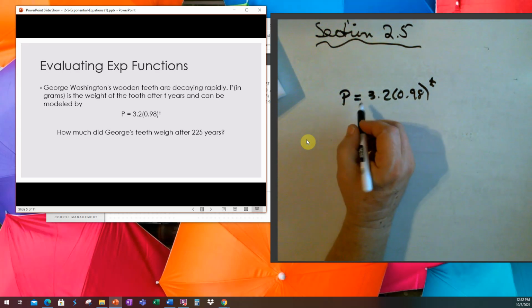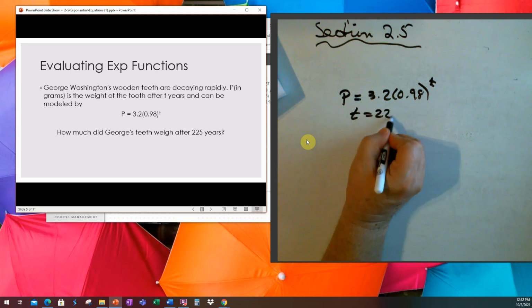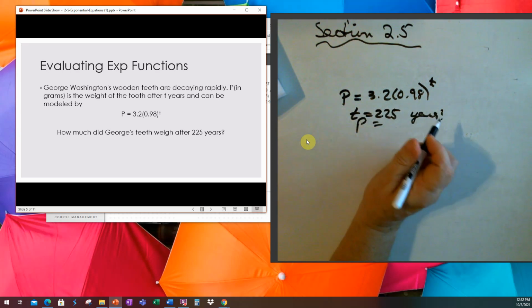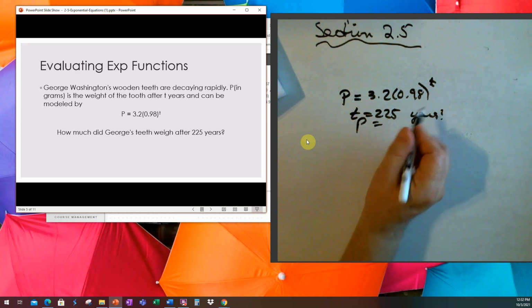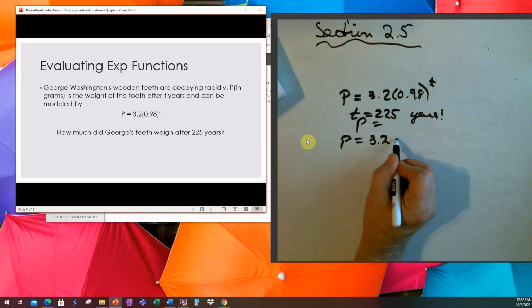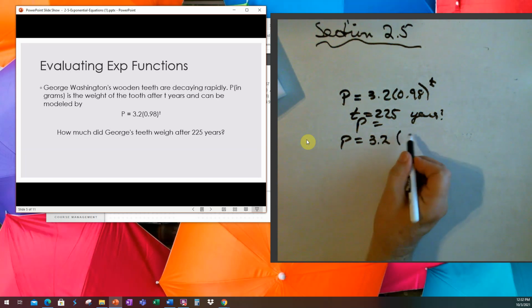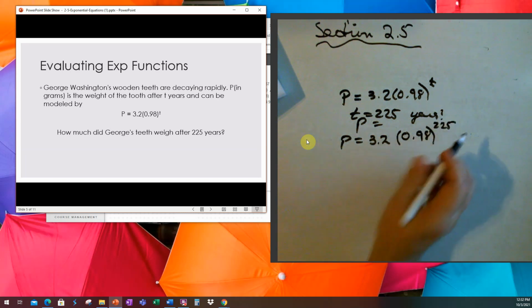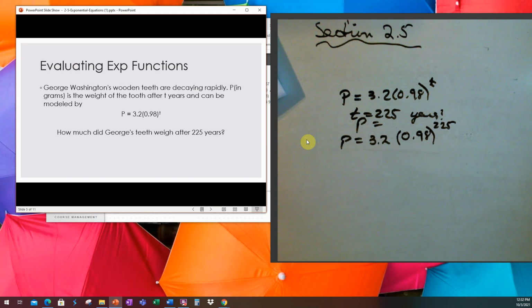So what if T is 225 years? What's the weight? Your P would be 3.2 times, with understood multiplication in front of the parentheses, 0.98 to the 225th.